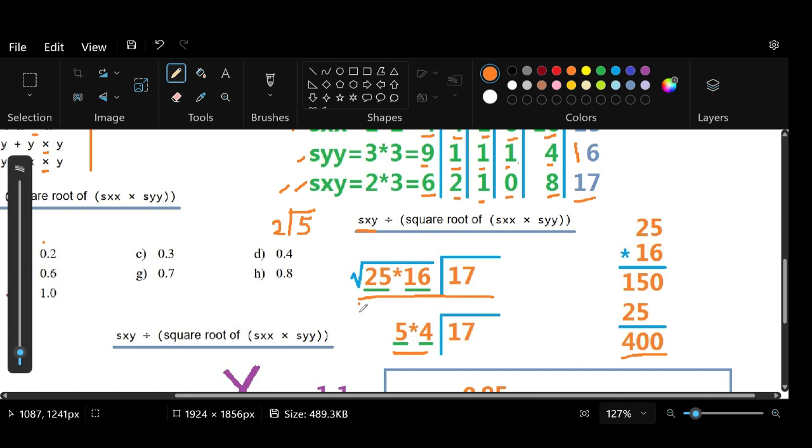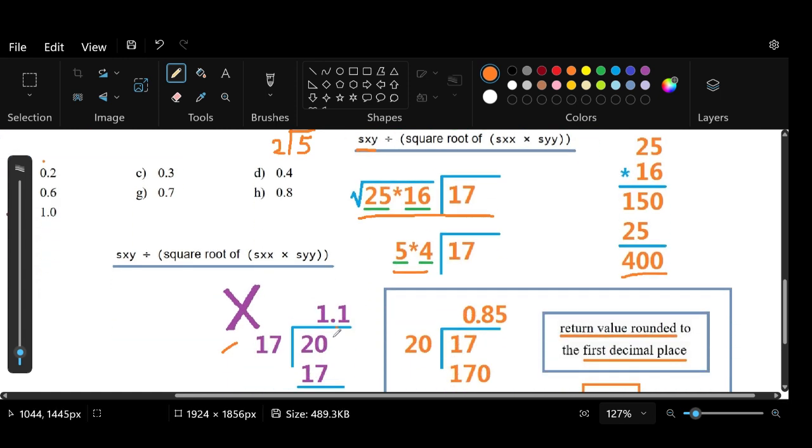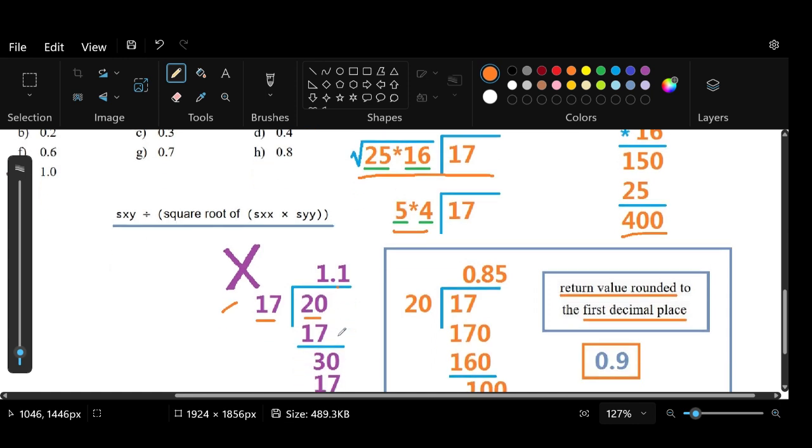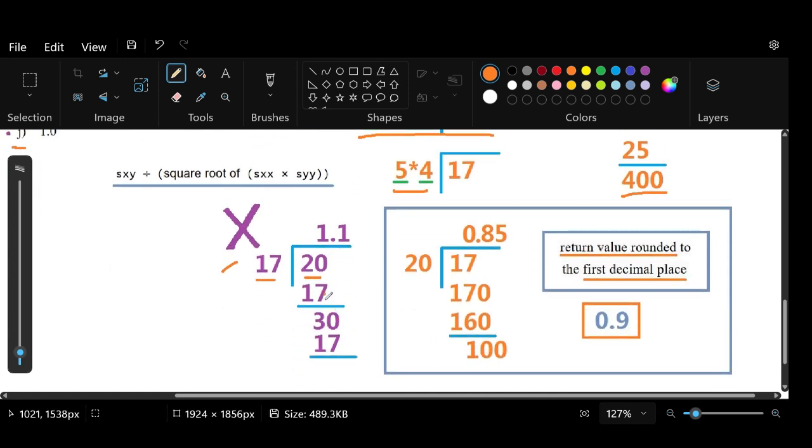So in the end, what I did was I got the square root here inside and then the 17 outside, and then I divided them, which is how I got 1.1, which I think in this case would continuously get us ones even after the first one.